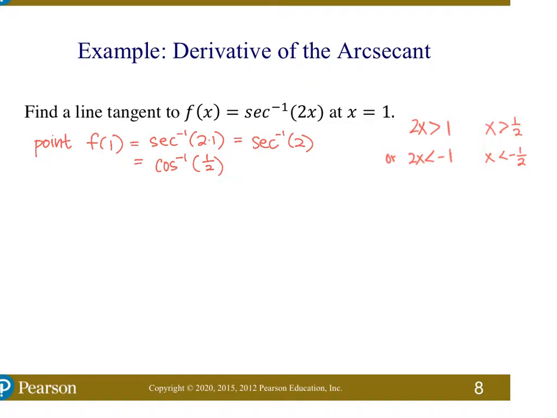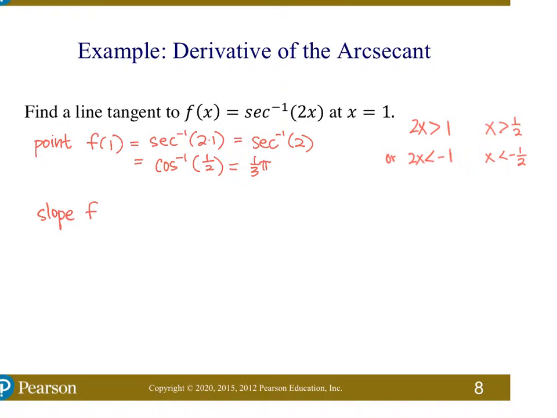These are based on reciprocal pairs, so since secant is the reciprocal of cosine, then the value of 2 can be taken as the reciprocal, and we have the inverse cosine of 1/2. So we're looking for a position in quadrant 1 on the unit circle that would satisfy the inverse cosine of 1/2, and that's going to be 1/3 pi. So there's my point, and now I need my slope.